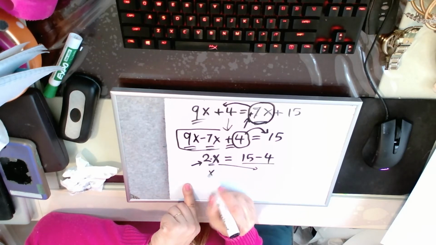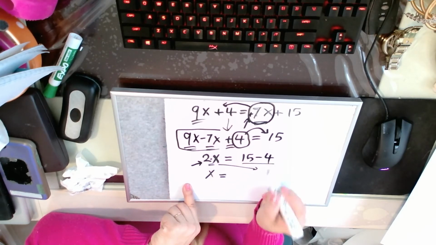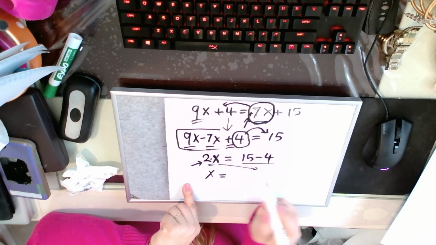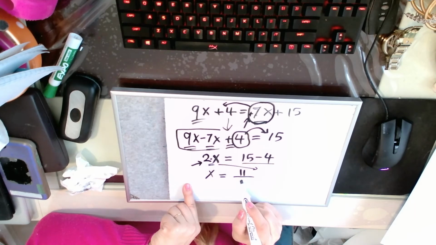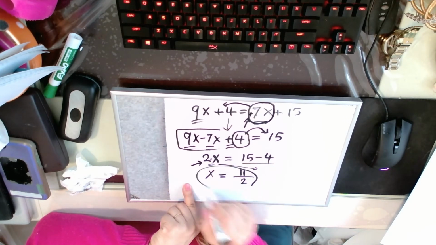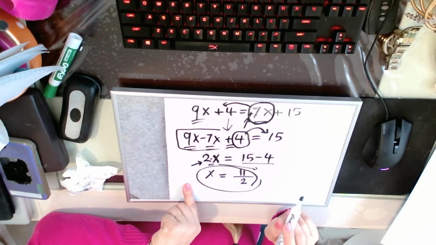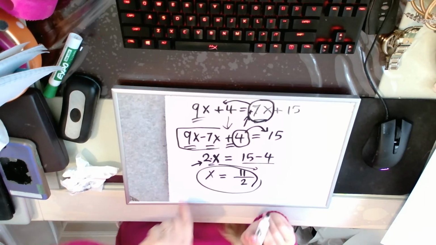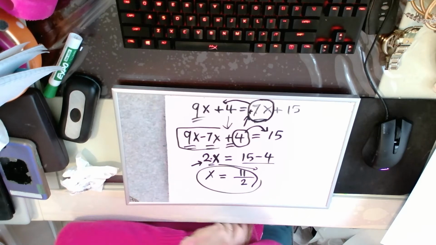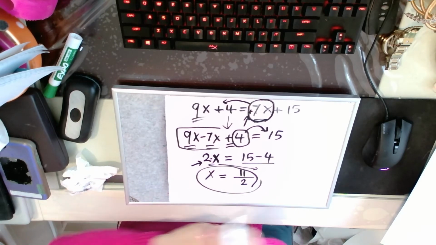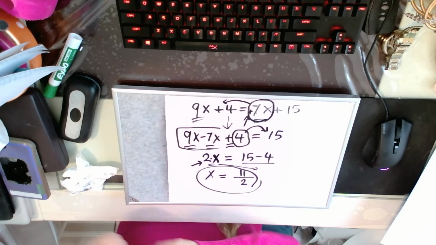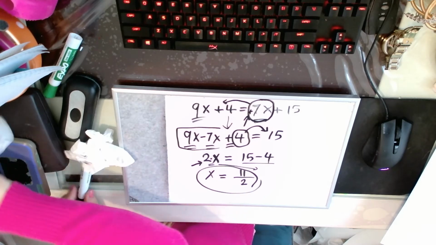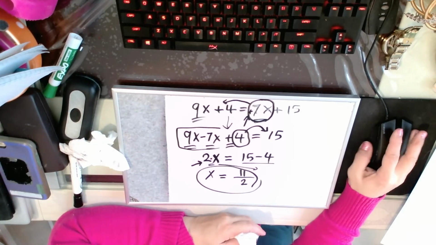So x equals 15 minus 4 equals 11, and then move 2 to the other side. That's it. So this is the answer. Or you can do the old way, subtract or multiply or divide both sides by 2 in the same way, but this is easier. Okay, thank you.